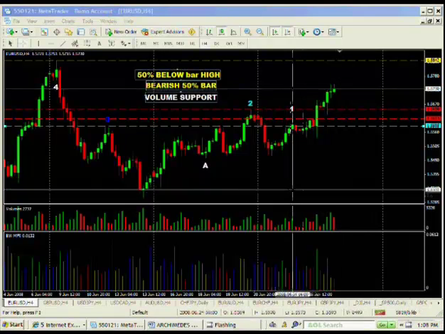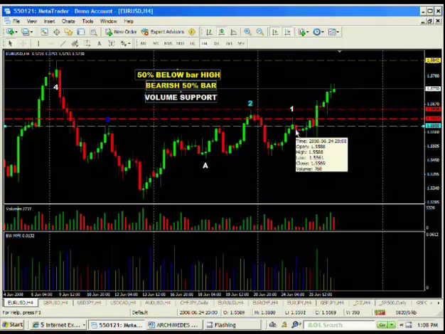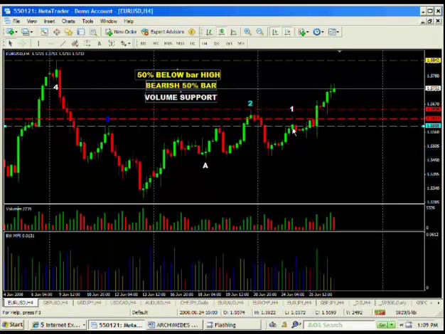Now that we see the operators are involved on the bar after the bearish 50% bar, we need to determine: are they in here because they're stopping out the public, or are they here to confirm the downward reversal?